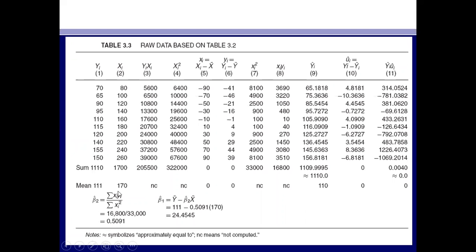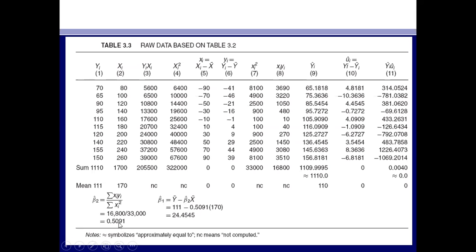Therefore, beta 2 hat is the total in column 8 divided by the total in column 7, 16,800 divided by 33,000, and you get 0.5091.